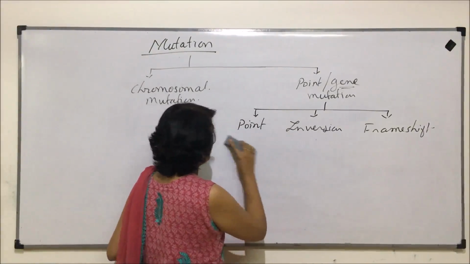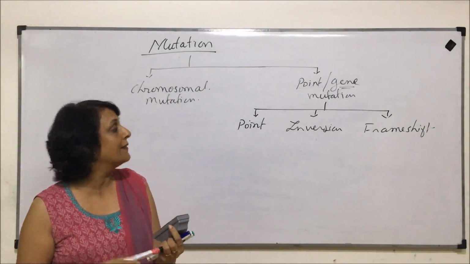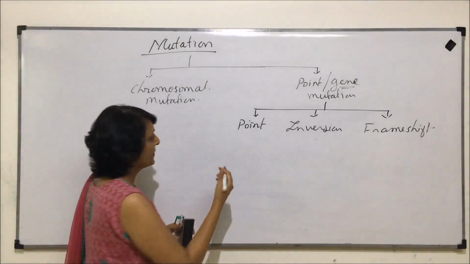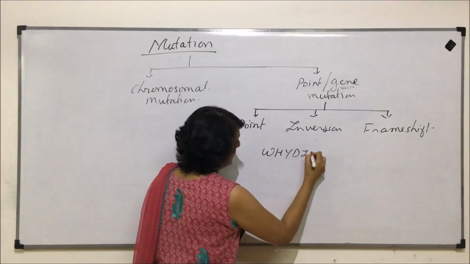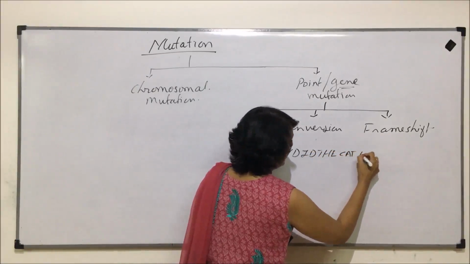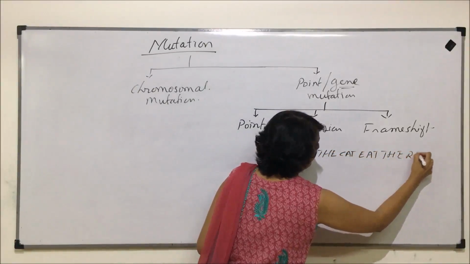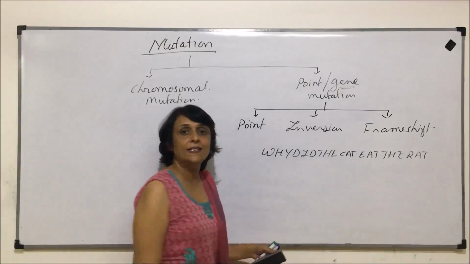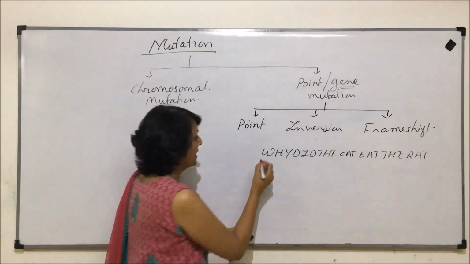To understand frame shift, we will write down a sentence which will help us understand this very clearly. The statement is, why did the cat eat the rat. The reason for writing this statement is that all words have 3 alphabets.